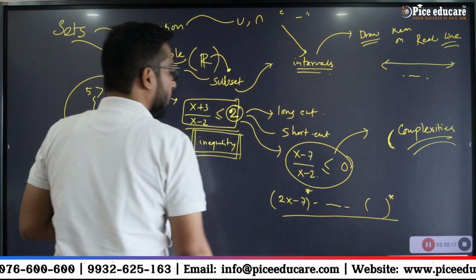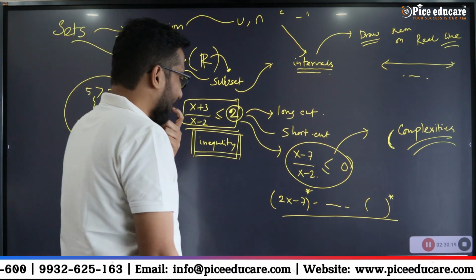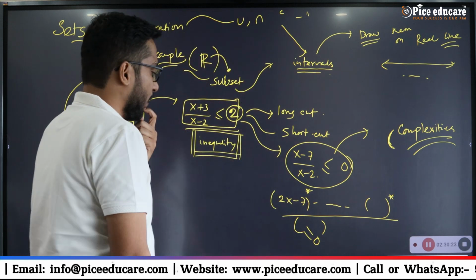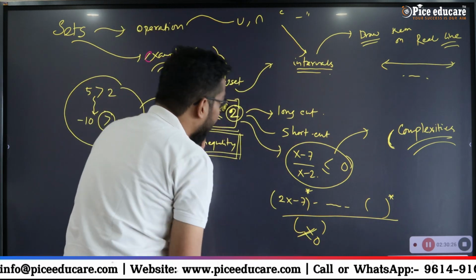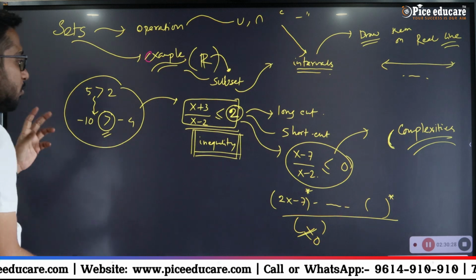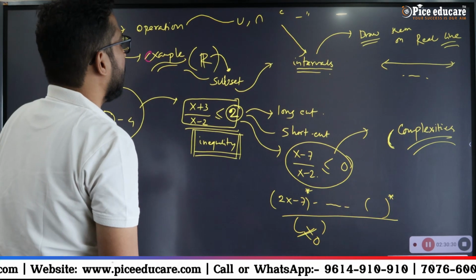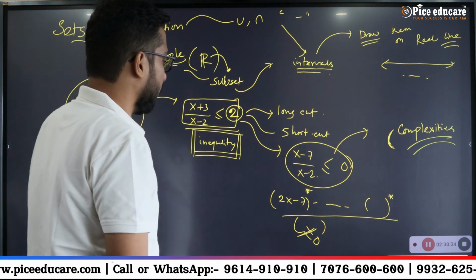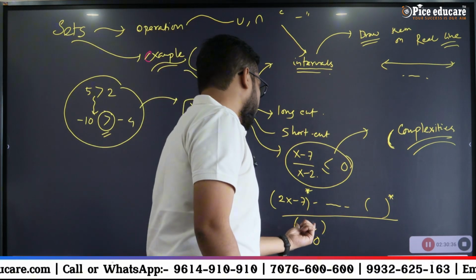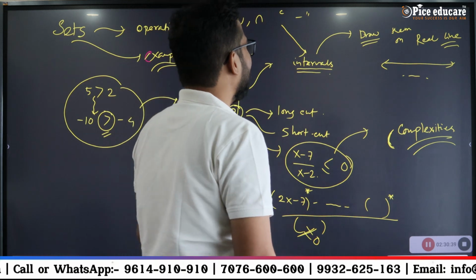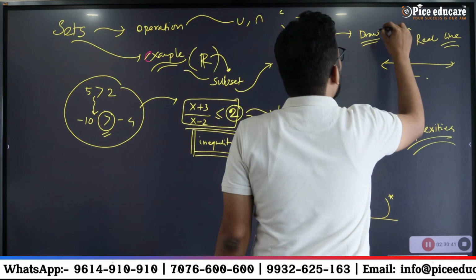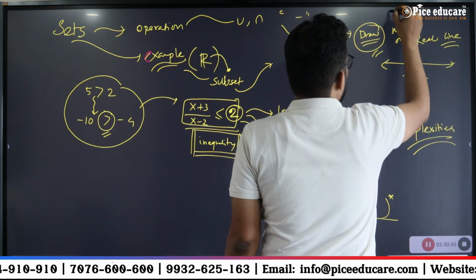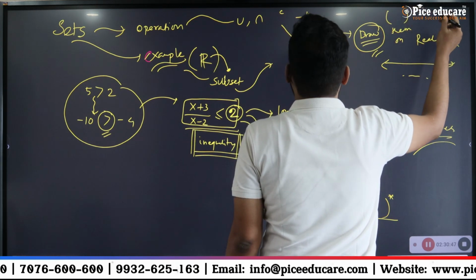We looked into the fact that if some quantity is here, it can't be 0. So to avoid that, we saw how to tackle that. If something is becoming 0 here, you have to make sure of it, and the idea of drawing them on the real line is this: the first bracket, their types.